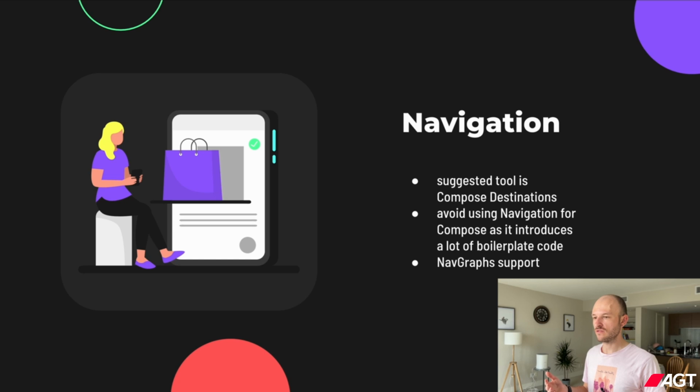Compose Destinations. Despite the fact that there is a Google navigation library for Compose, I suggest using a wrapper, and in my opinion, Compose Destinations is a good choice. Using the raw Google library forces writing a lot of boilerplate code that only grows with the number of screens.